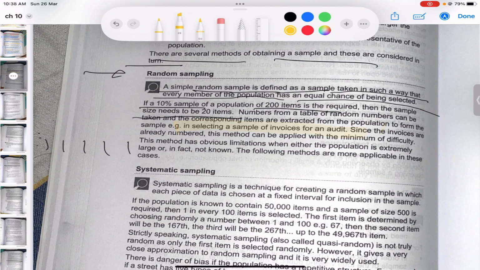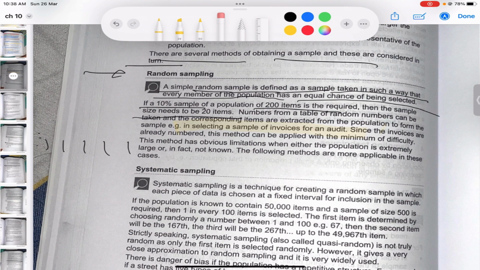I can't keep sitting and checking every single invoice to see if it's correct, right? In that situation I can use the method of random sampling. What do I mean by random sampling? I pick out any random 30 invoices, let's say, and then I check them. If there is any fraud, error, anything of that sort in that sample, then I will assume that something unethical has been done, otherwise nothing.